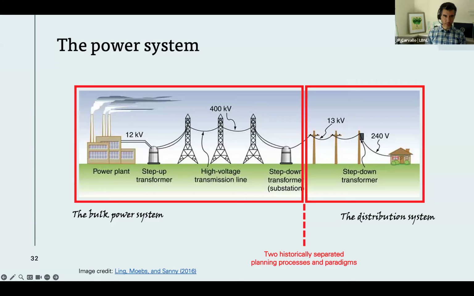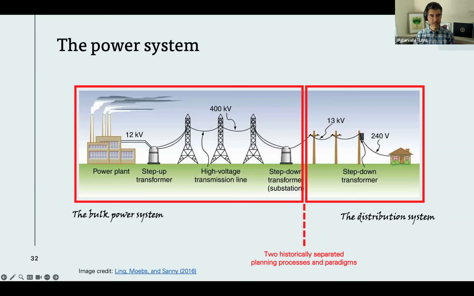So first of all, just so we're all super clear, let's take a look at the entire value chain of the power system and make sure that we understand that there is a historical division between what's called the bulk power system, that entails generation and high voltage transmission infrastructure, and then the distribution system, which is typically the poles that we see outside our houses and in our cities that have typically 13 kV, sometimes 25 kV, medium voltage, and then drop down to the 240 or 110 volts that reach people's homes and commerce.